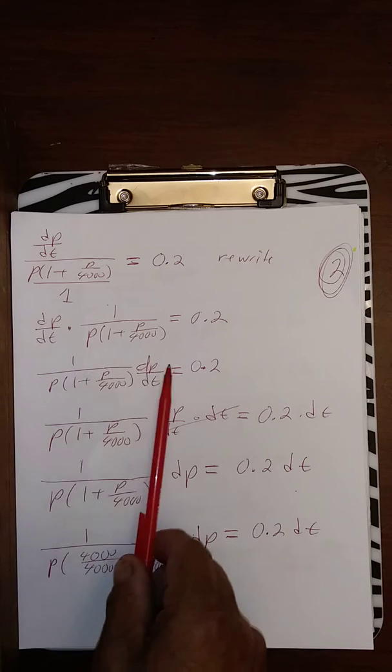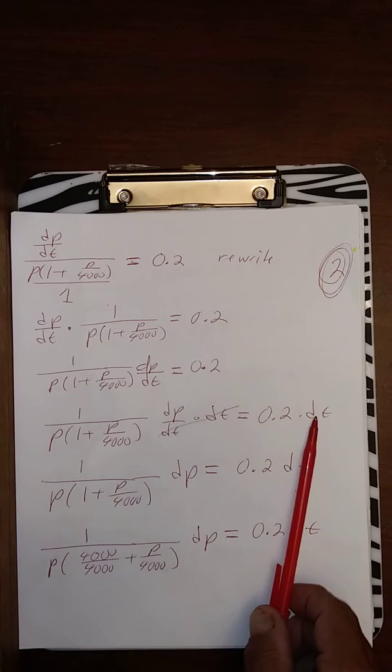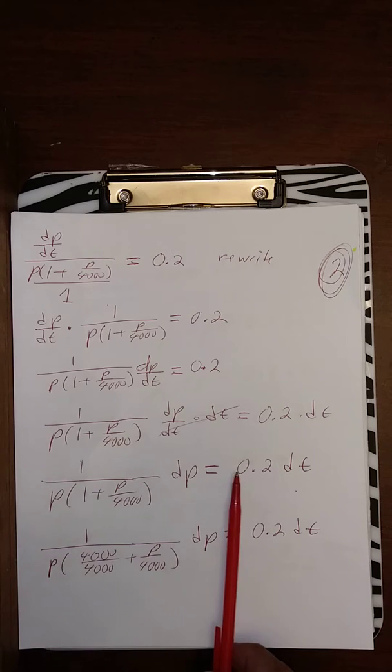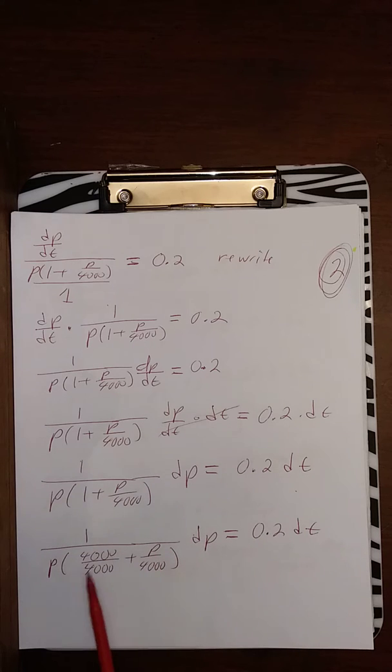So now we have this multiplied by dt on both sides, these are gone. So 1 over this dP equals this dt. Now 1 is 4,000, 4,000, and add that together. So now put all this together.